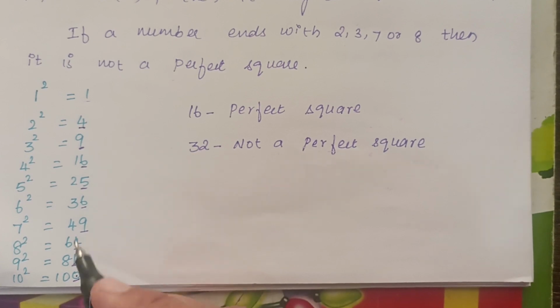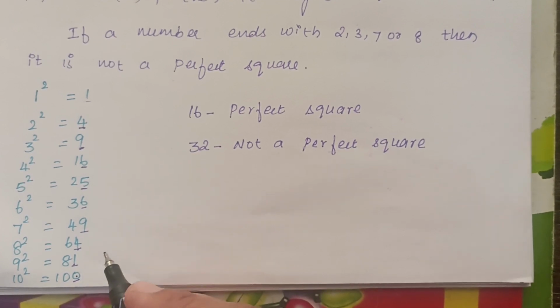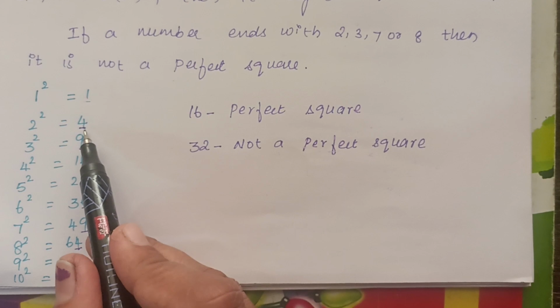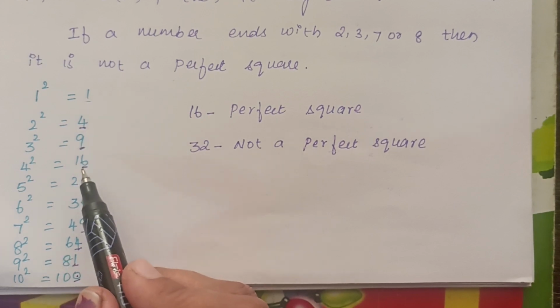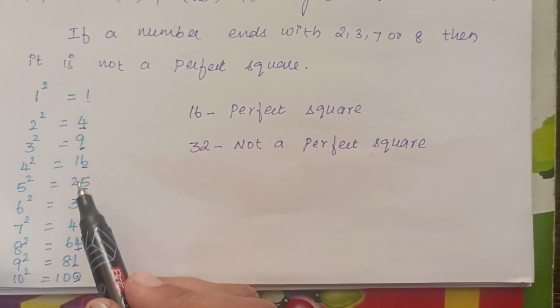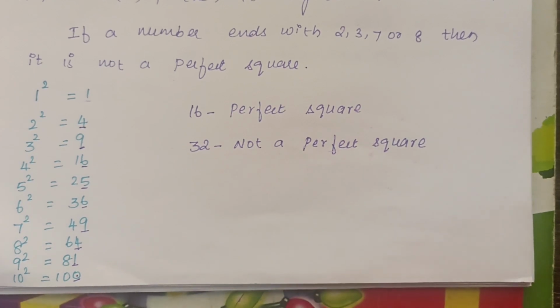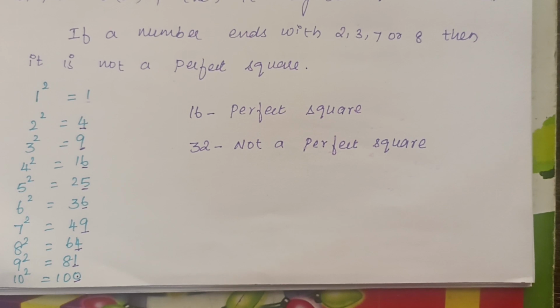So these 6 digits are repeating. So if the unit digit is 0, 1, 4, 5, 6 or 9, we can say that number is a perfect square. And if the unit digit is 2, 3, 7 or 8, we can say that it is not a perfect square.